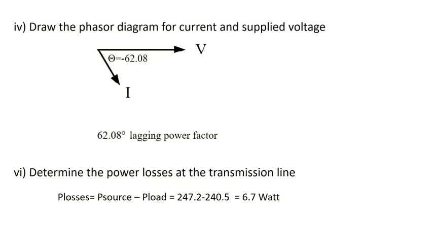From the previous calculation, you got the P source is 247.2, right? And the P load is 240.5. The subtraction of this P source and P load is your P losses, which is equal to 6.7 watt.